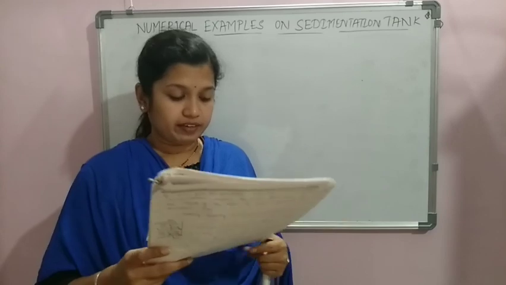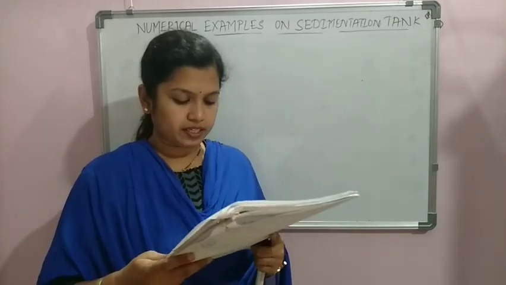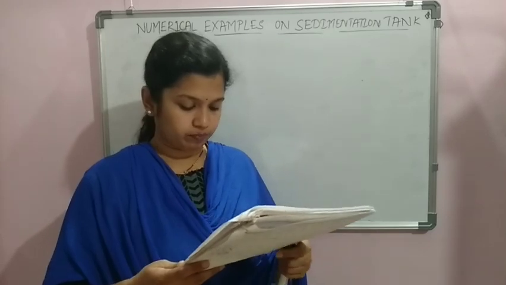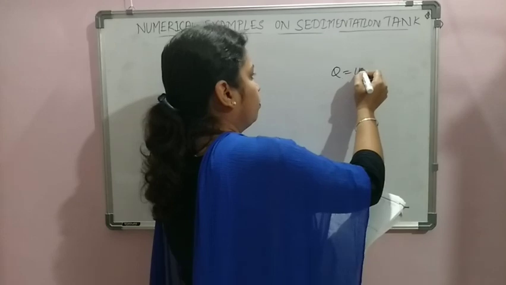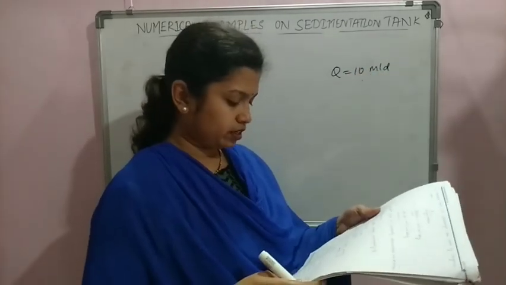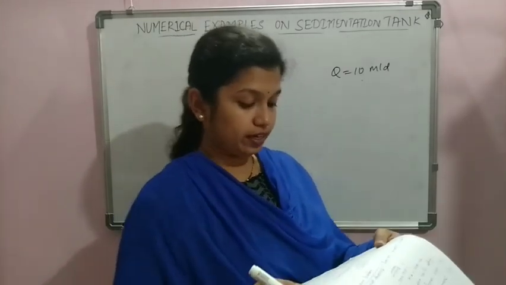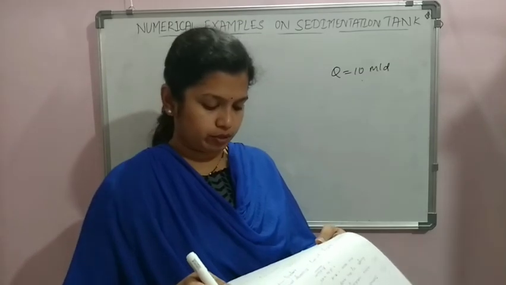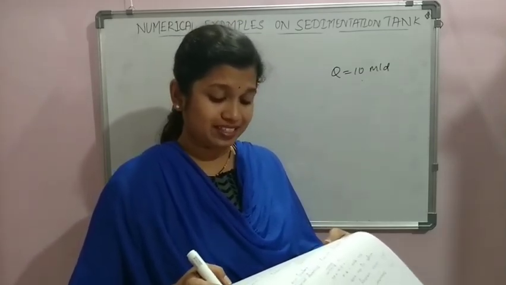The seventh numerical we are taking up: a rectangular sedimentation basin is to handle 10 million liters per day of raw water. A detention basin of width to length ratio of 1/3 is proposed to trap all particles larger than 0.04 mm in size.